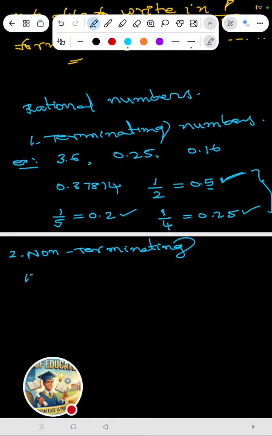We are discussing rational numbers. The name itself is recurring. Recurring is nothing but repeating.